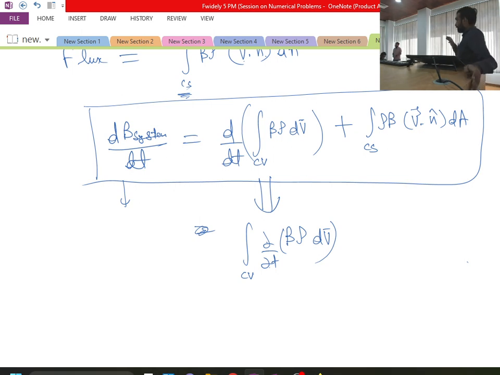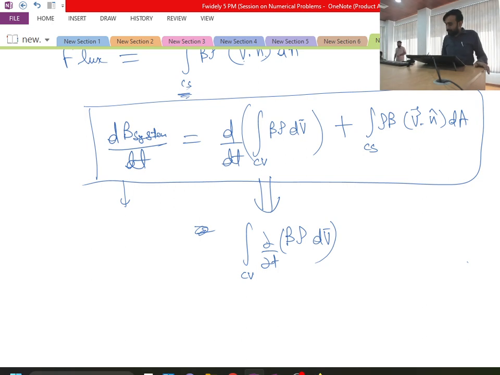If my control volume is of fixed size and its boundary is not deforming, then its volume will remain the same, so whether I first do the time derivative or the volume integral makes no difference. On the contrary, if it is deformable and changing its size, then first we have to do the volume integration, and only then can we take the time derivative.